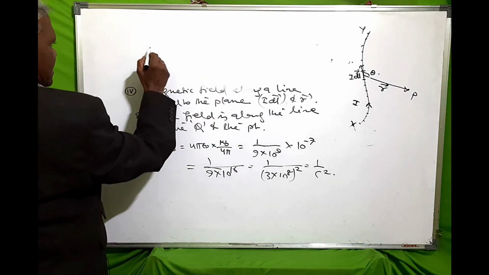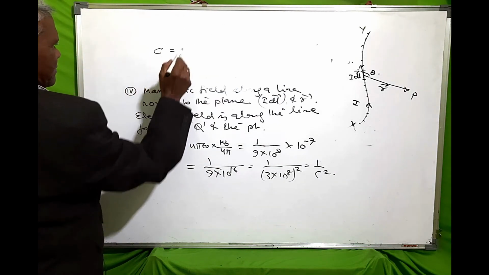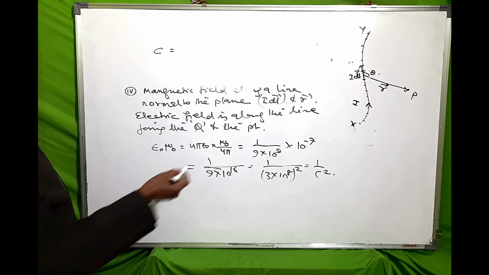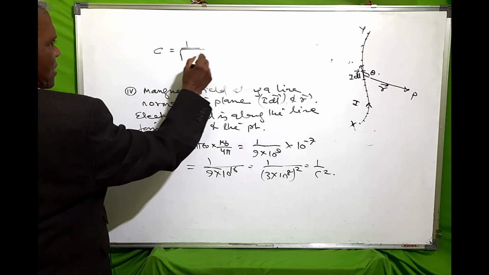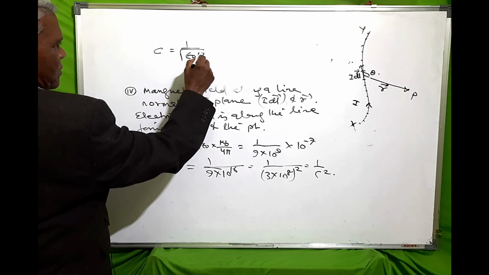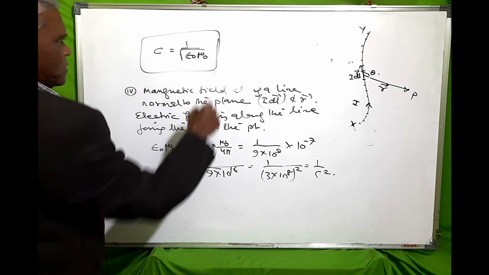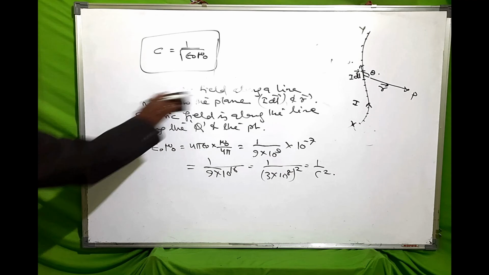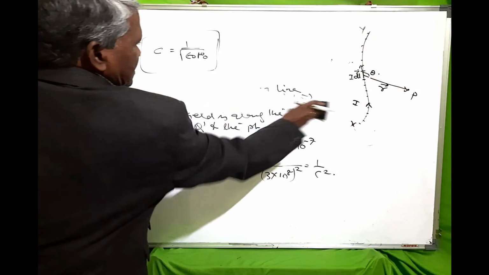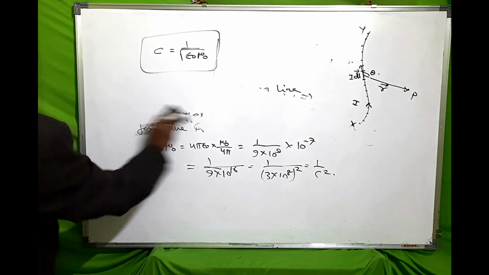Or we can say that the velocity of electromagnetic wave c is equal to 1 by square root of epsilon 0 mu 0. So this is another relation connecting the electric field and magnetic field.